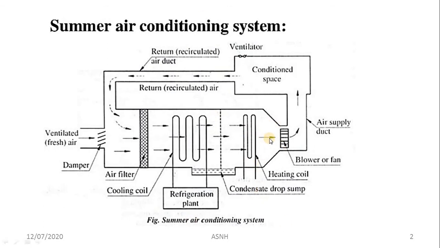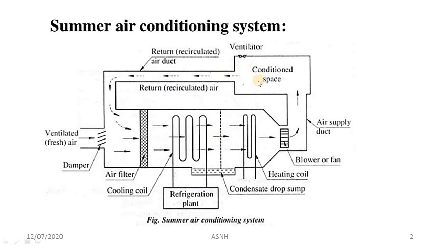The air coming from the heating coil enters the conditioned space through the blower or fan. Here you get the cooling effect, and through the ventilator we get that cooling effect. These diffusers are used to supply the air.